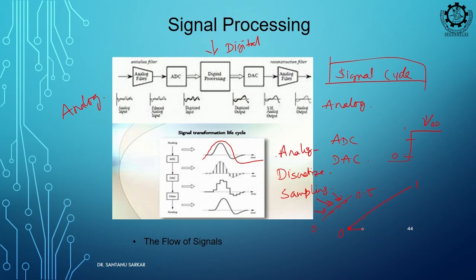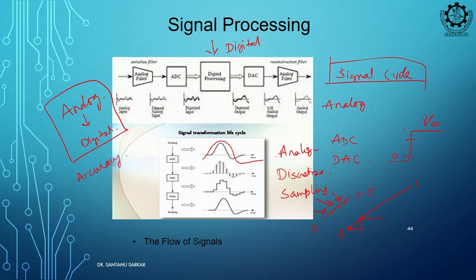For this conversion I need some time, and by this time my voltage will have changed to some other level, is it not? So whenever I am converting from analog to digital, I have to accept that I will lose some accuracy, is it not? Whenever I am converting from analog to digital, some information is lost.